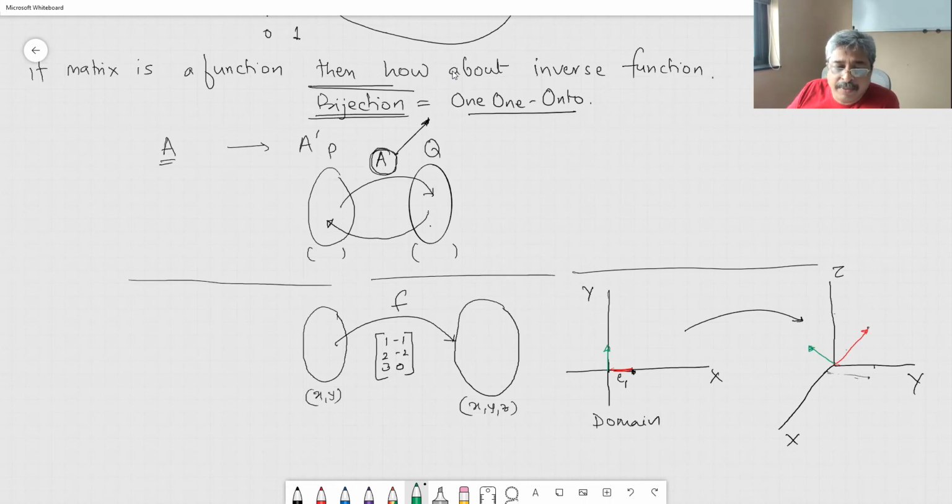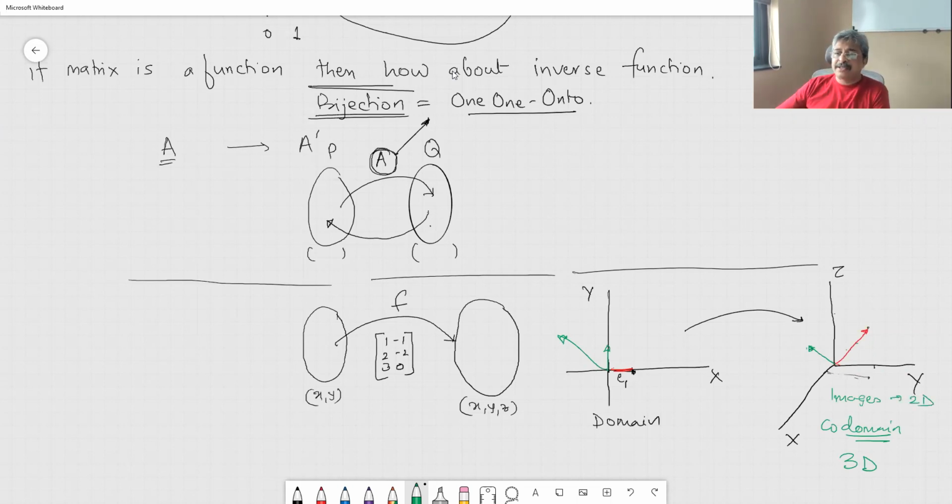So what is going to happen? Every vector in the domain, suppose we want to find the image of this vector, it will be in the plane determined by these vectors. You cannot escape that plane because it is going to be a linear combination of these two. So even if your codomain has dimension 3, your images will have dimension 2.